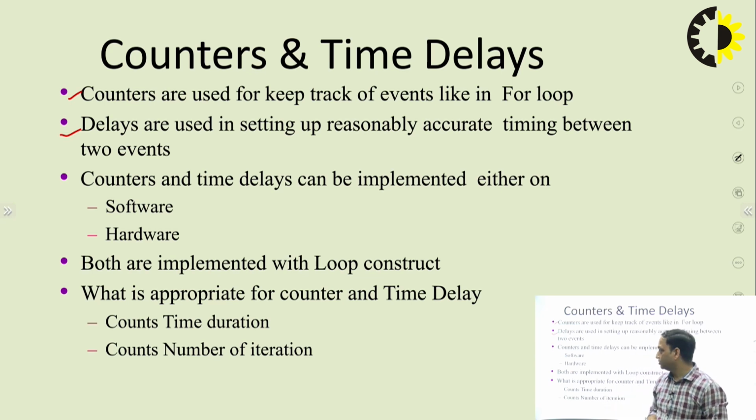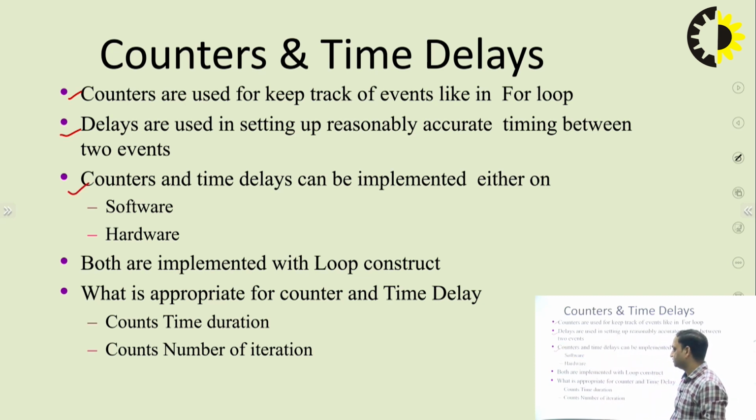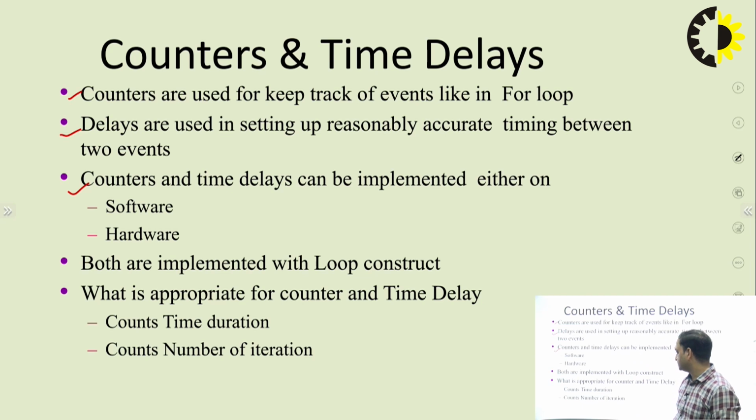These counters and time delays can be implemented using a software tool, or they can be implemented using hardware. Both implementations require one construct, that is the loop construct, for implementation of the counter and the delay.